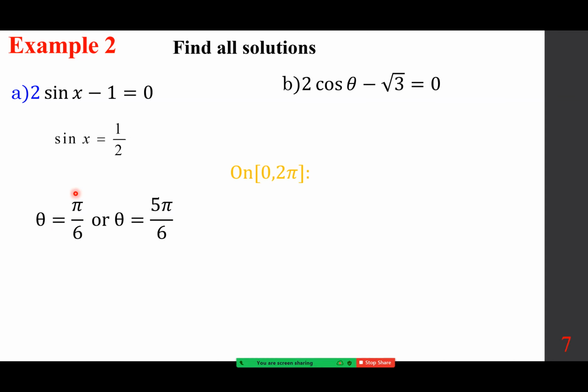So again, this is the reference arc and the answer to 1/2. Sine is positive in the second quadrant, and for the second quadrant, you can say pi minus the reference arc, resulting in this answer.